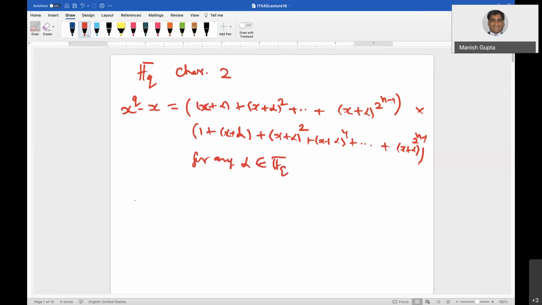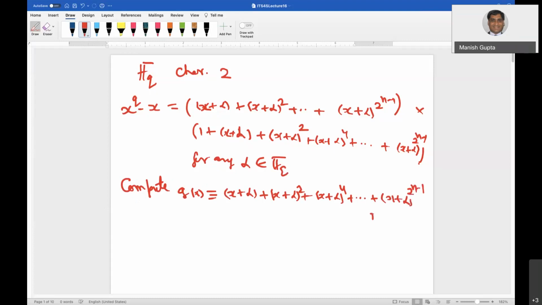Then we compute a new polynomial g(x), which is congruent to (x plus alpha) plus (x plus alpha) square plus (x plus alpha) raised to power 4 plus ... plus (x plus alpha) raised to power 2 raised to power n minus 1 mod f(x).